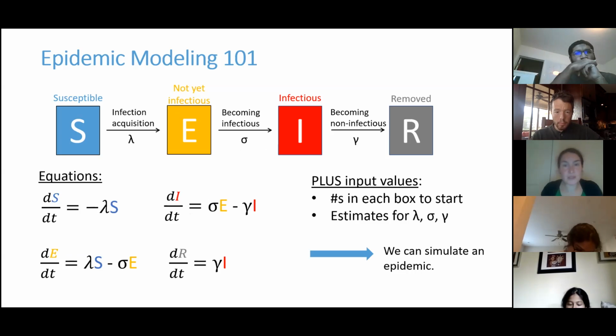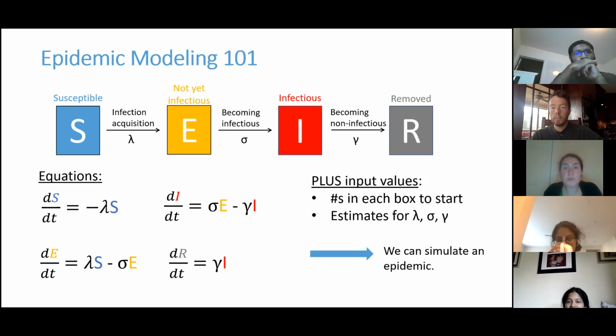To use this model to simulate infection in a population, we need to specify the numbers of people in each box to start, the initial conditions, and also specify values for these Greek letters, these rate parameters that govern how quickly people move from one compartment to another. If we have values for those, we can plug them in.